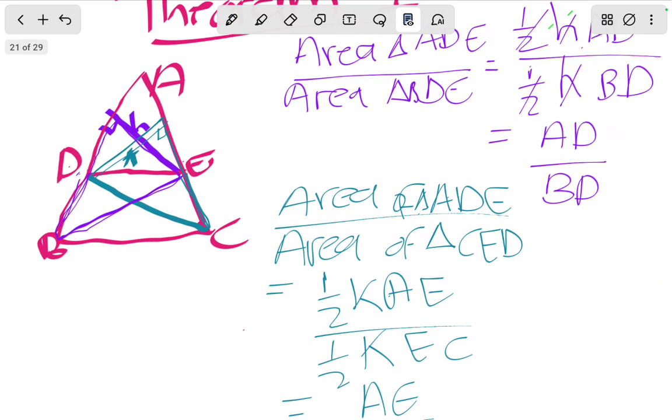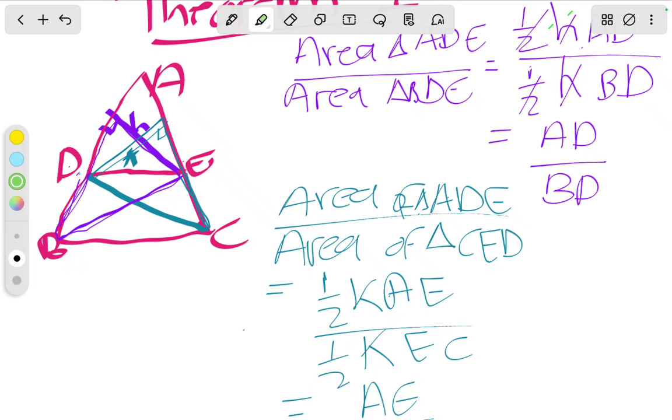Looking at our diagram, triangle BDE is equal to the area of triangle CED. Why?